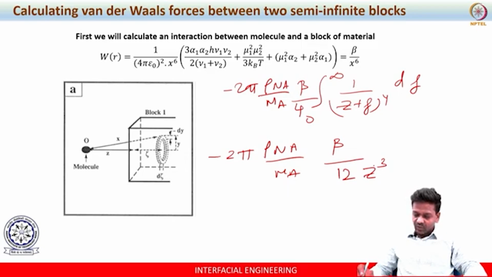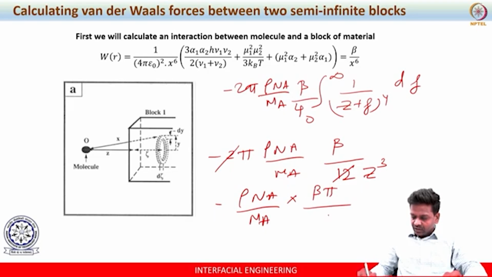So this is exactly what you will have, and you can cancel this. So you will have minus rho Na by Ma into beta pi divided by 6 z cube. So this is exactly the integration. After performing the integration, you will have this.